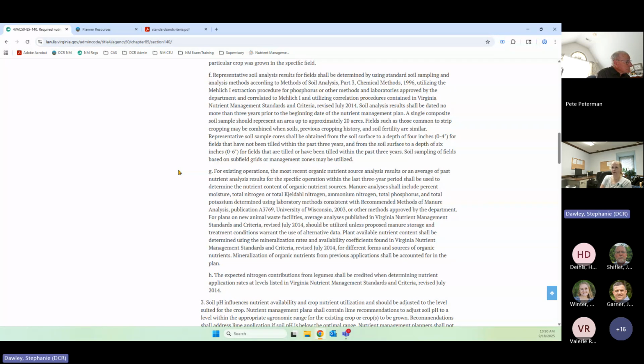So representative soil analysis should be determined through standard soil sampling. Standard soil sampling would be, in our recommendations, looking at approximately 20 acres. That can be plus or minus, depending on how many different soil series are in that field, the field shape potentially.